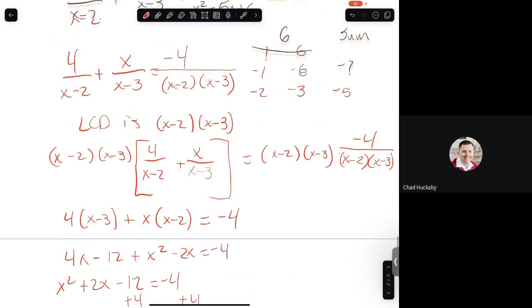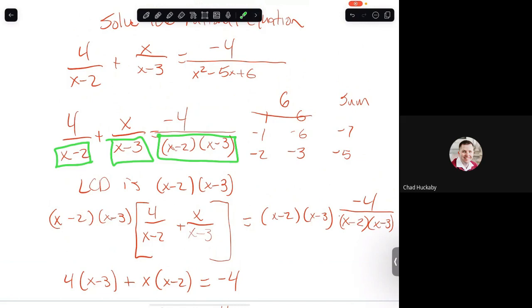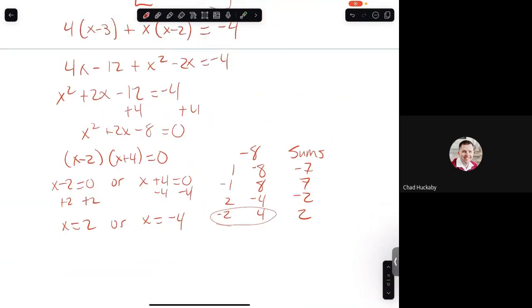Let's go back to our original problem. What values will cause division by 0? Well, that's the stuff in the denominators. Will any of these cause division by 0? Well, if x is 2, the x minus 2 part, 2 minus 2 is 0. So if we have x equal 2, that will cause a problem. So x equals 2 cannot be a solution.